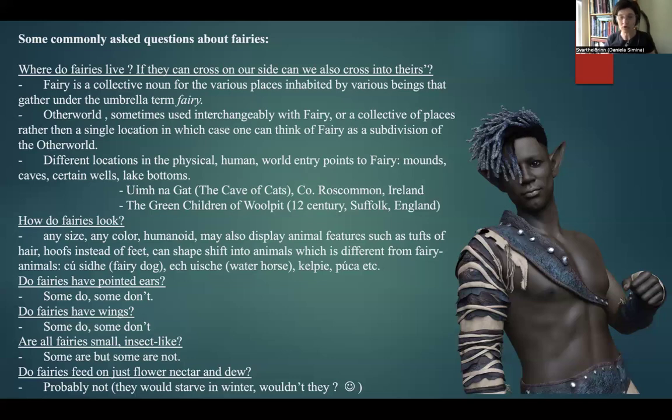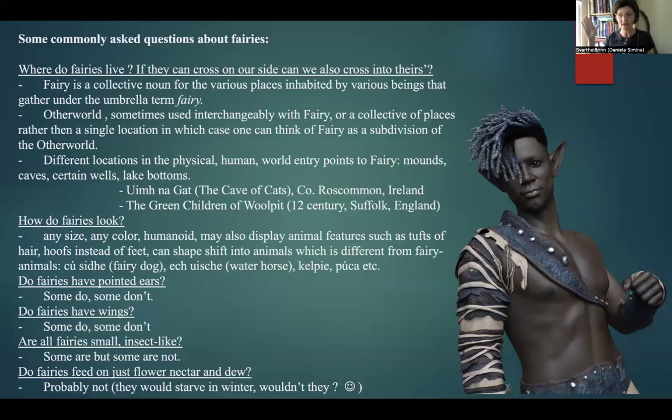Are all fairies small, or insect-like small? I believe I already answered that. Some are not. I've heard people reporting encounters with very small beings, fairies that are insect-like, a couple of inches or smaller. So obviously, yes, there is that, but there are also hundreds of years of folklore in the accounts of people encountering fairies of human size.